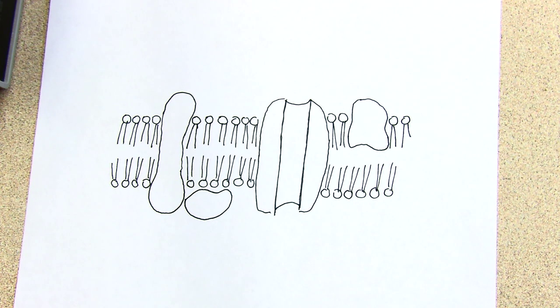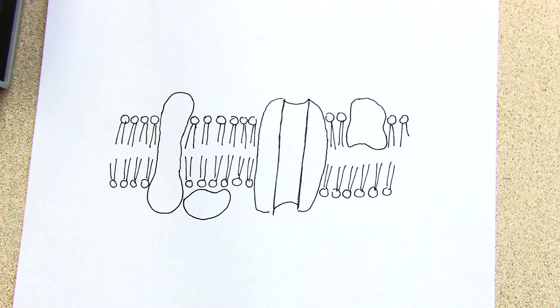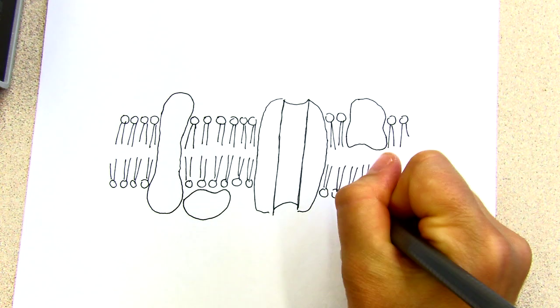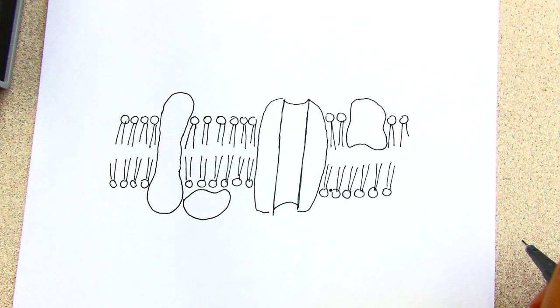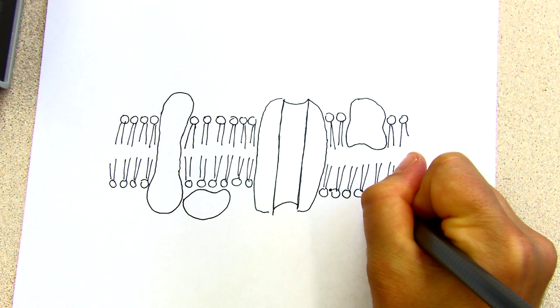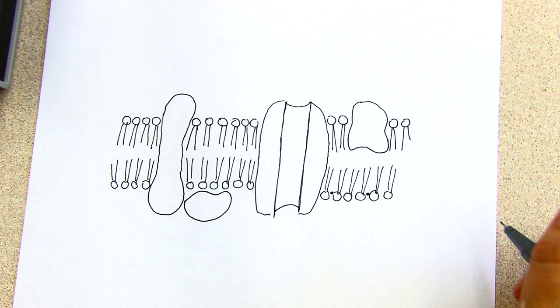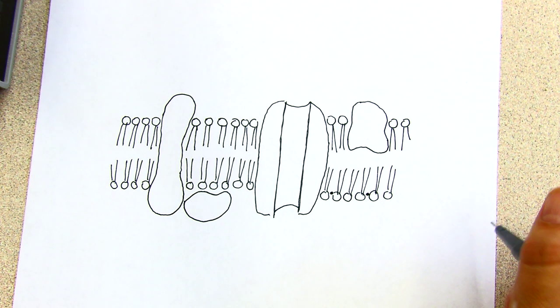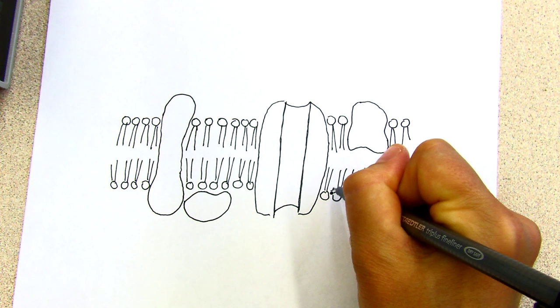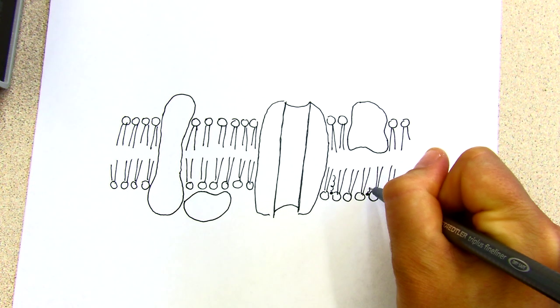I'm going to add some cholesterol. So I remember that just like the phospholipids, cholesterol is amphipathic. So I'm going to represent the hydroxyl head in between those phospholipids. And I don't really want to draw the real structure of the cholesterol. I think that's a little bit much. I'm going to artistically choose to just do some squiggles.